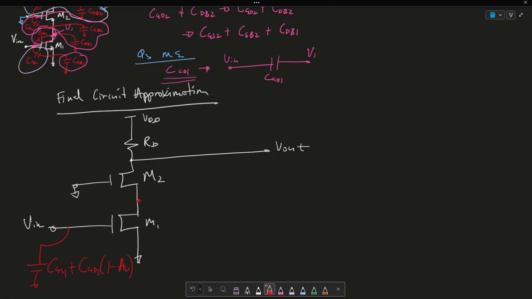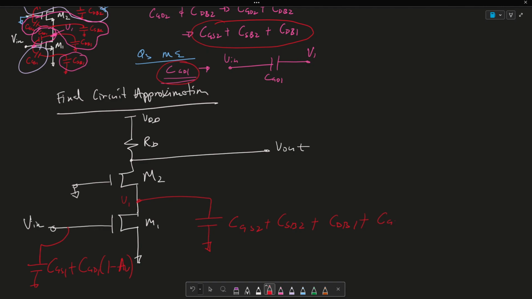All right. At this node V1, we have a bunch of capacitors. It's going to be these three capacitors merged together. So I get CGS2 plus CSB2 plus CDB1. And then lastly, the Miller capacitor that is being multiplied by the Miller multiplication.